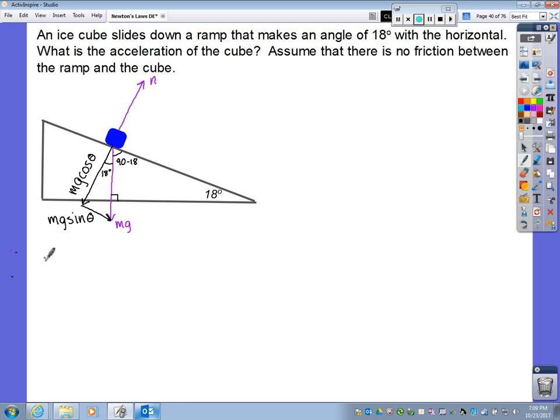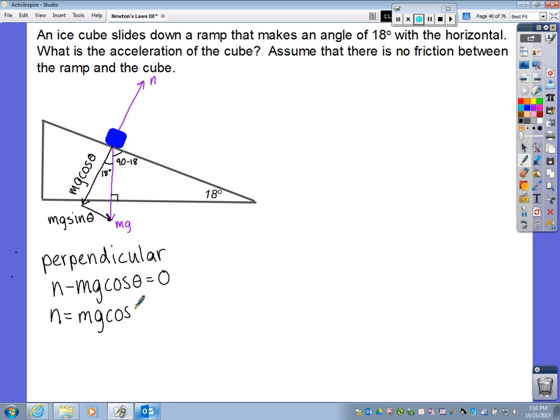So instead of saying x and y, we're going to look at the forces perpendicular and parallel. The perpendicular forces: we have normal minus mg cosine theta equals the acceleration in this direction, which is 0. So the normal force equals mg cosine theta.